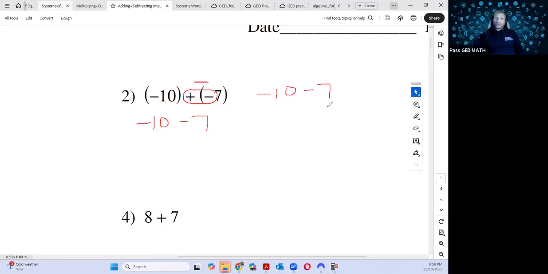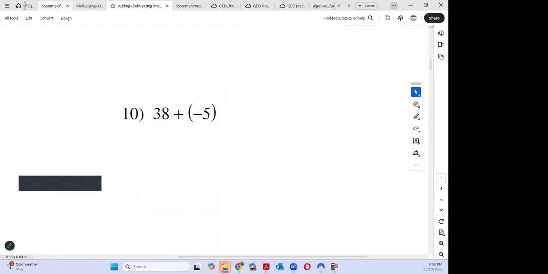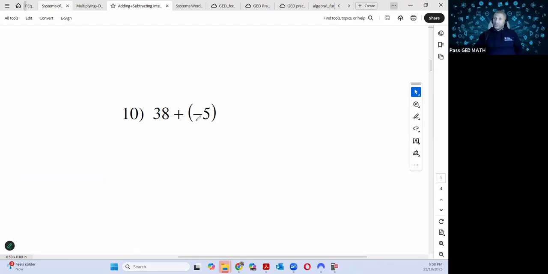When two signs are next to each other, it's multiplication. If you see two signs next to each other with no number in between them, it's like multiplication. Like right here, these two signs are next to each other. I know a positive and a negative make a negative.